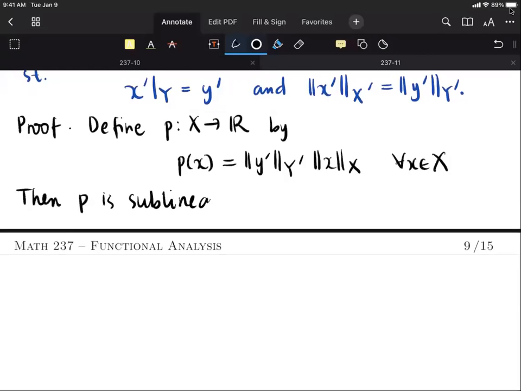In fact, this follows immediately from the homogeneity of the norm and the triangle inequality for the norm.